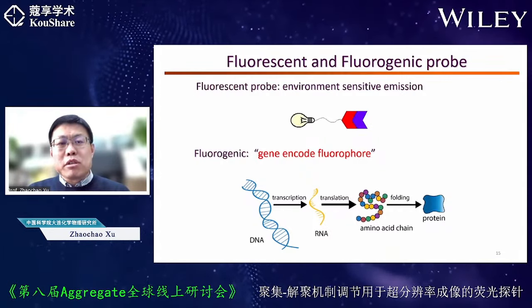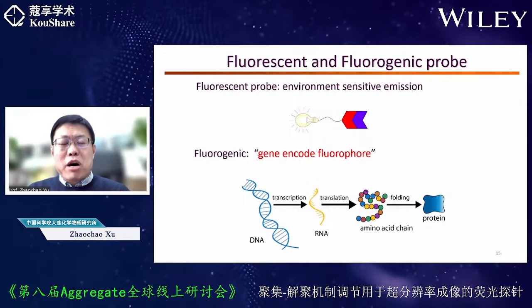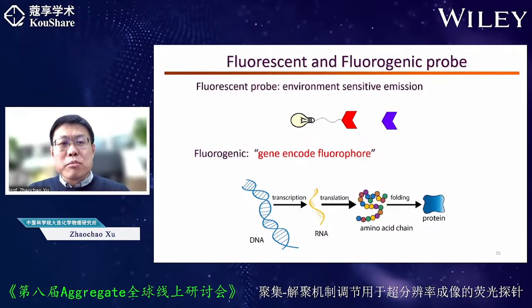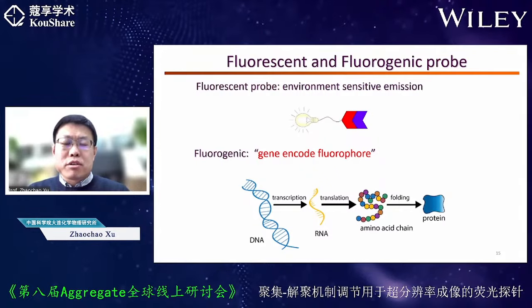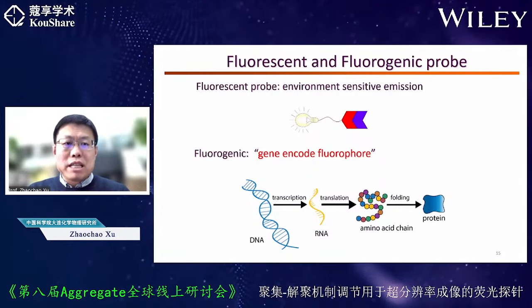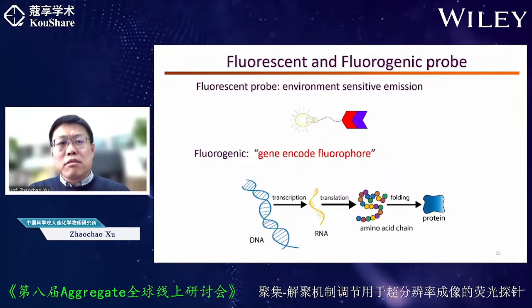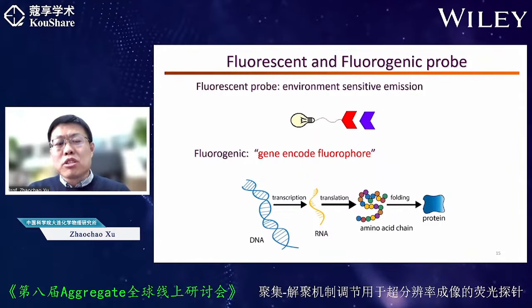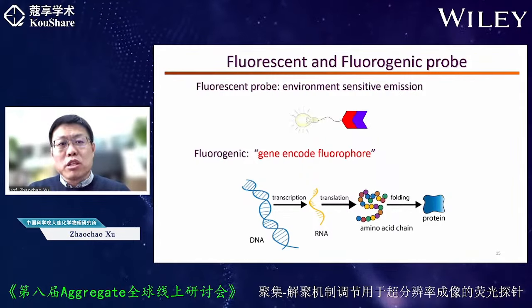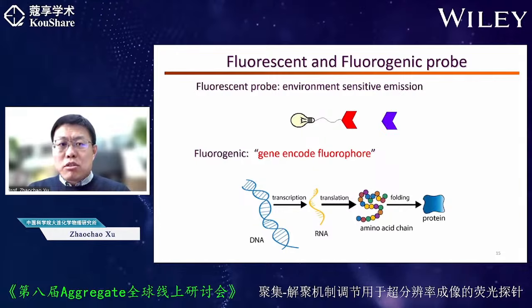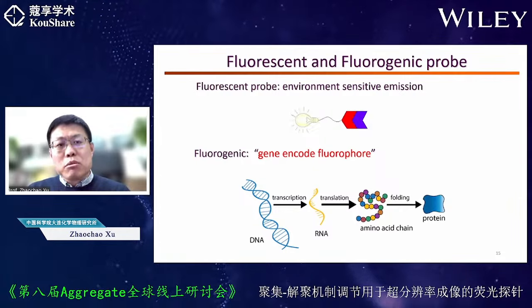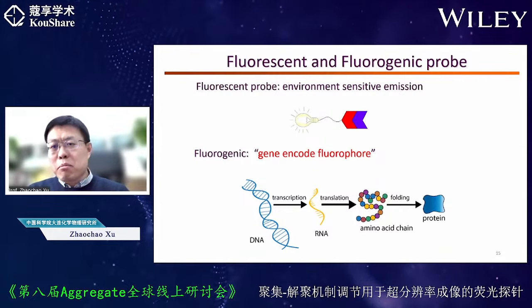When the receptor selectively binds the target, the molecular recognition transfers the signal to the fluorophore and induces a fluorescence change. But this fluorescence change is environment sensitive, not just responsive to molecular recognition. So this kind of probe is not a fluorogenic probe.